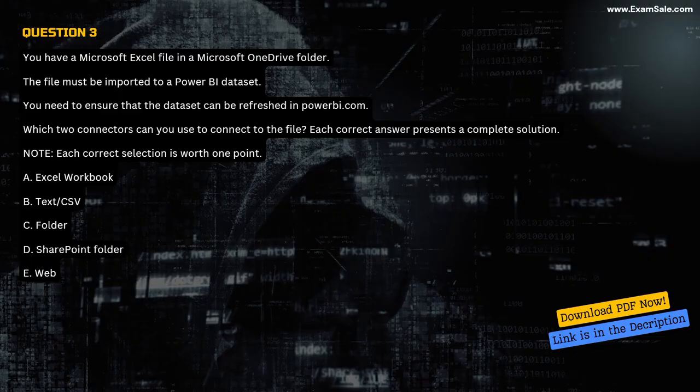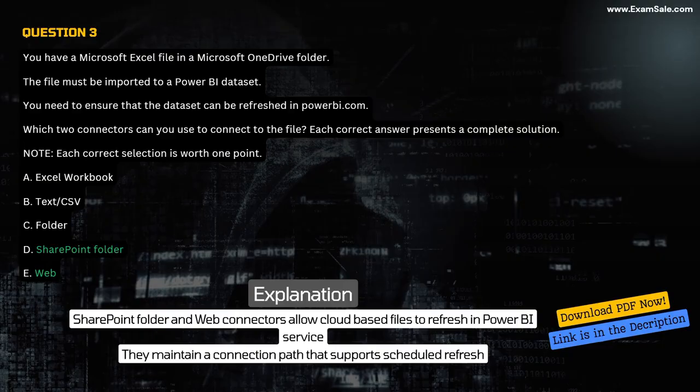B. Text/CSV. C. Folder. D. SharePoint folder. E. Web. Correct answer: D and E. SharePoint folder, Web. Explanation: SharePoint folder and Web connectors allow cloud-based files to refresh in the Power BI service. They maintain a connection path that supports scheduled refresh.